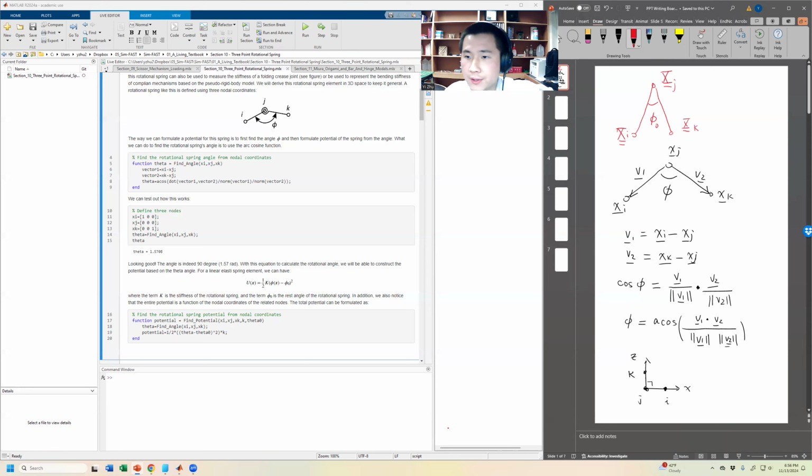Now we've opened this angle up a little bit from phi naught to phi. Naturally, this system will want to close itself towards phi naught by generating these two forces on the xi node and the xk node, and then it's also going to generate another force here just to help maintain the balance to satisfy the equilibrium.